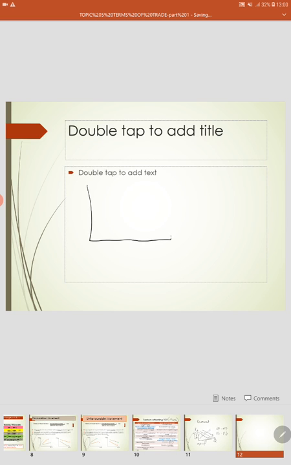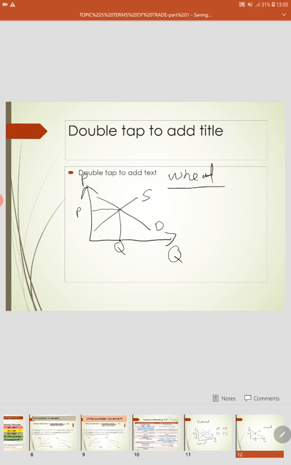See, for instance, we have demand and supply graph here. Supply and demand, original price and original quantity. Okay, so in this case, just assume this is equilibrium for wheat, right?